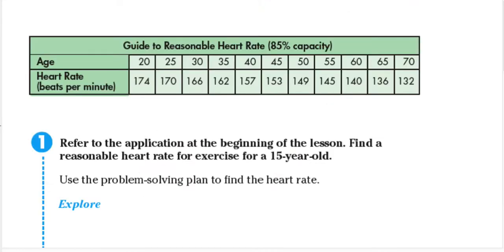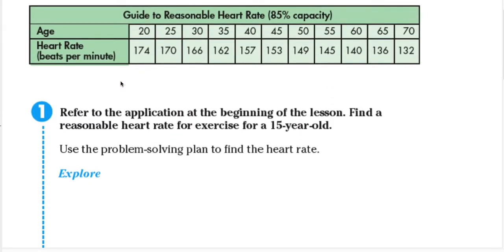And then in example 1, let's go back to the example of Venus Williams and reasonable heart rate. So we have at age 20, 174 beats per minute, age 25, 170, all the way to age 70, 132 beats per minute. Find a reasonable heart rate for a 15-year-old.